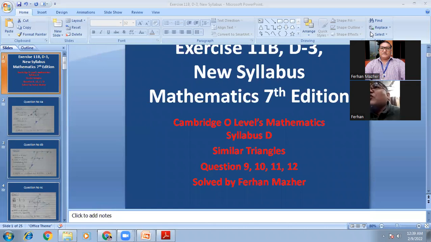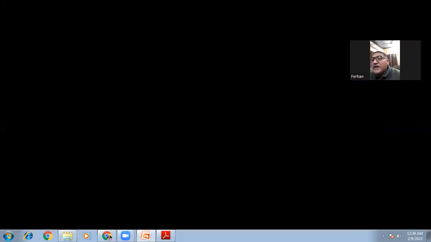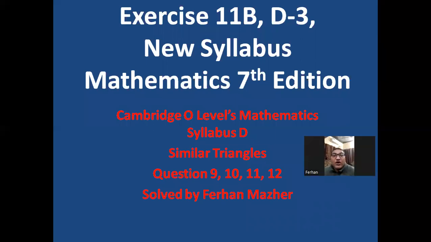Okay, so my dear students, today we have completed exercise 11B. You see, 11B requires a lot of practice for writing and recognizing the similar triangles, and then using the similar triangles to find the unknown sides and unknown angles.